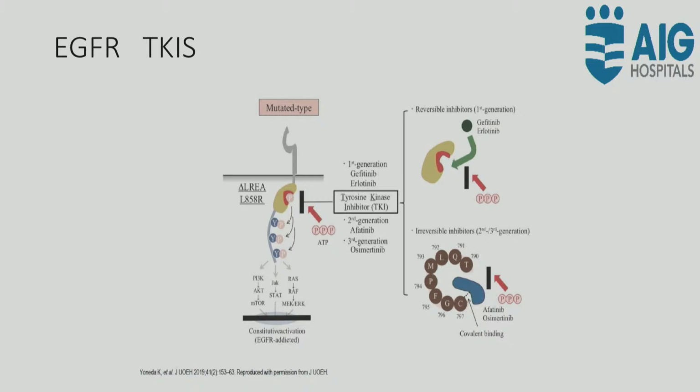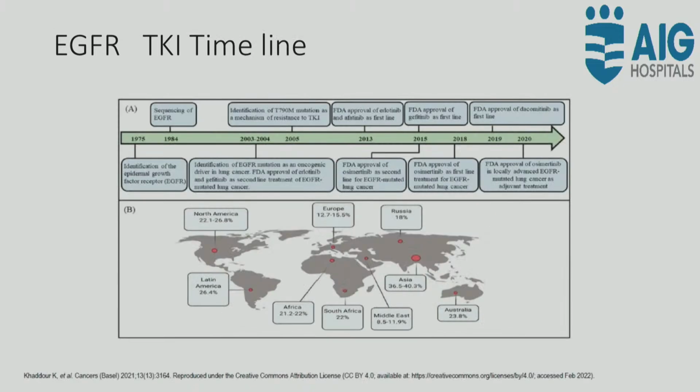Now, this is another timeline of how the TKIs have evolved. As you can see, for the incidence of EGFR mutations, Asia has a good chunk of patients. East Asia has a good chunk, close to 40% of all the patients actually harbor an EGFR mutation.